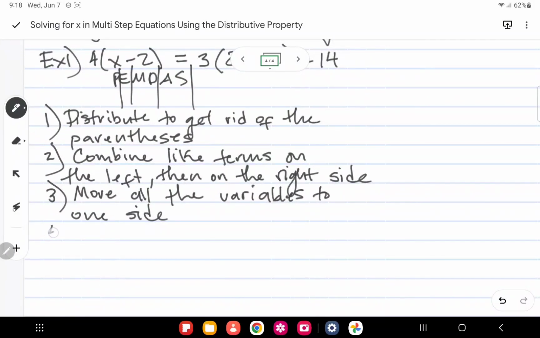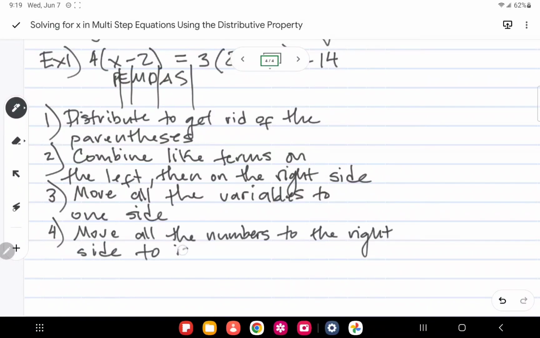Now, preferably, I move them all to the left side, and then move all the numbers to the right side to isolate and solve for x. Once again, you're more than welcome to pause this video if you would like to continue writing these things down or make some notes.